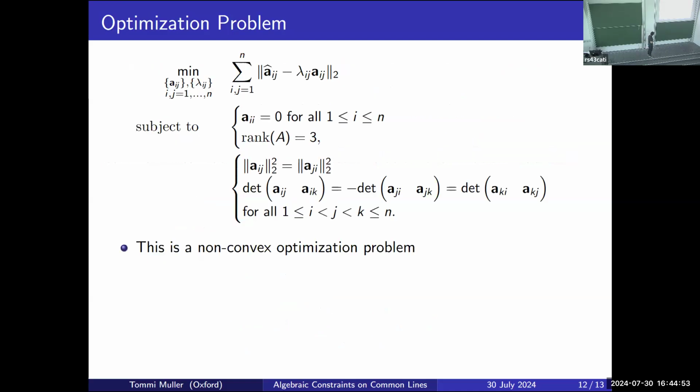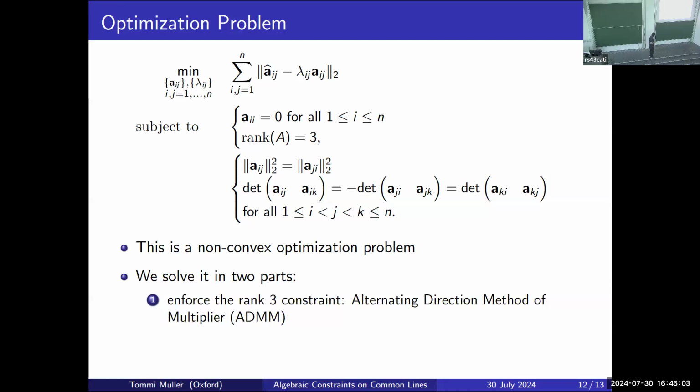So, unsurprisingly, it's a non-convex problem, but we can still try and solve it anyway. And we can do this in 2 steps. What we're first going to do is just enforce the rank 3 constraint. We're going to forget about the second condition and only care about this first one. And you can do this using a convex method called alternating direction method of multipliers, ADMM.